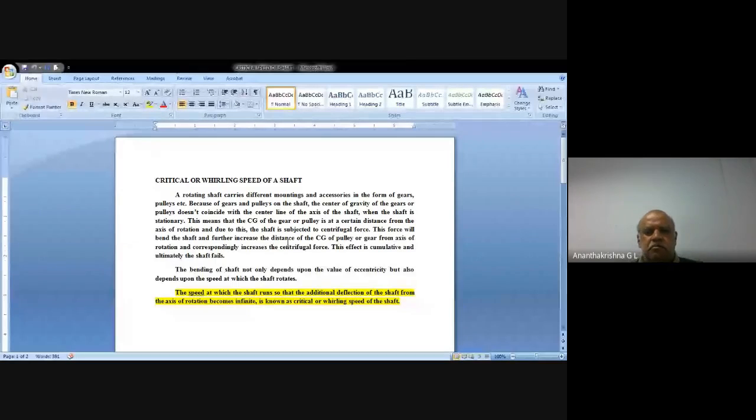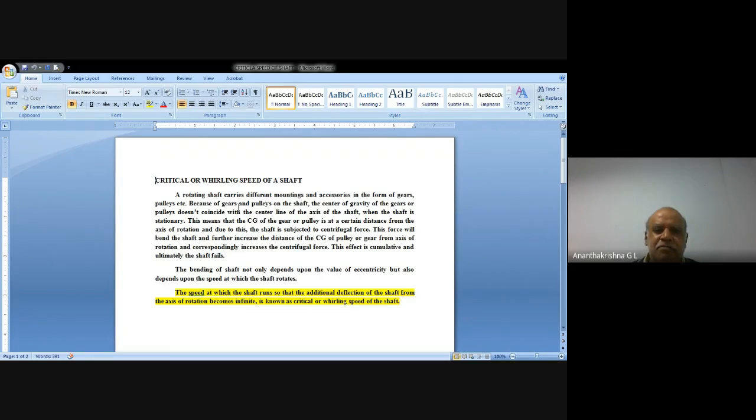Essentially, all the shafts are subjected to rotation. When the natural frequency of the shaft becomes equal to the excitation frequency, there is going to be resonance. At resonance, the amplitude of vibration will be large, which will lead to failure of the given shaft.